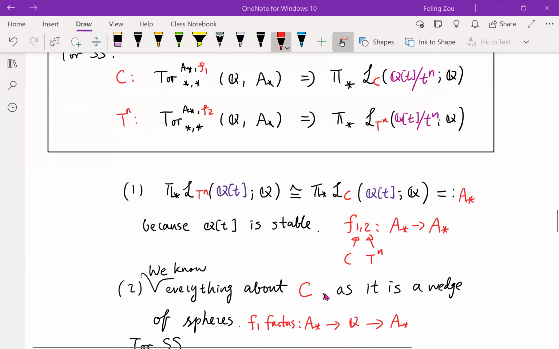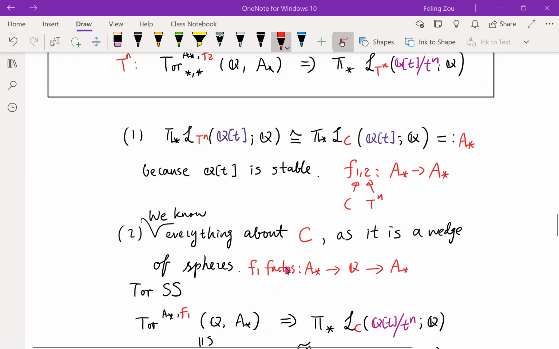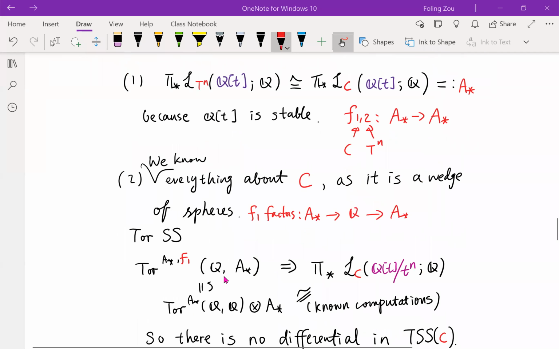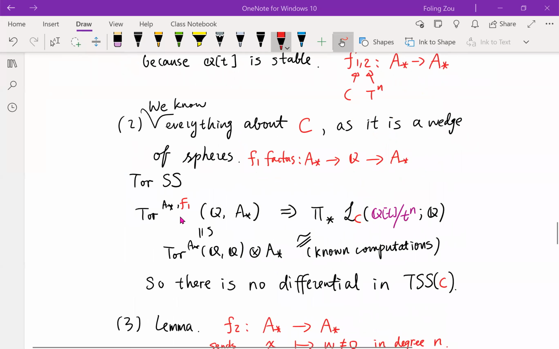And since C is a wedge of spheres, we know everything about it. So in particular, we know F1, which is this map from A star to A star, factors through the augmentation. So in the E2 of the Tor spectral sequence for C, we can pull this A star out of the Tor because F1 factors through Q. So we get this E2 is isomorphic to this term.